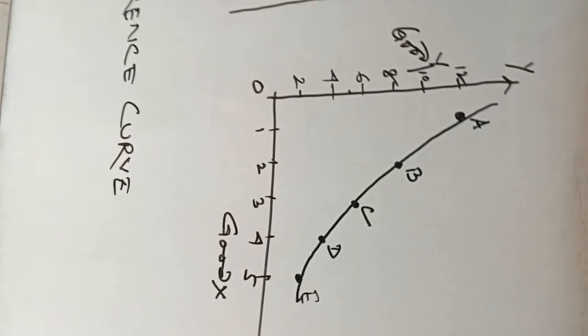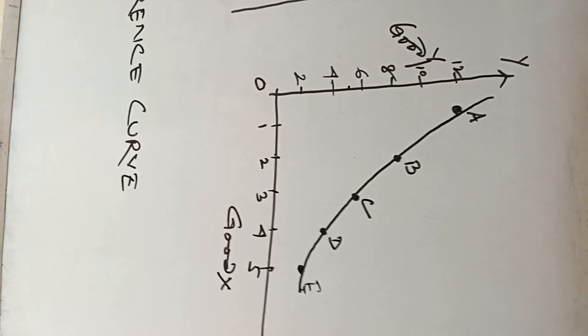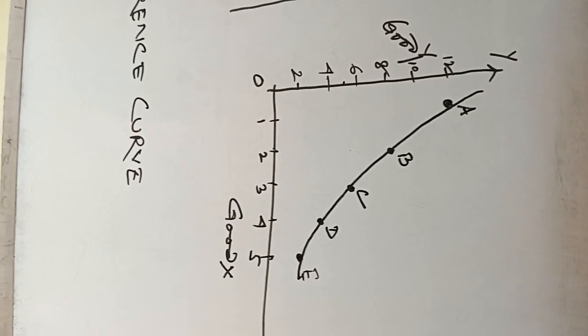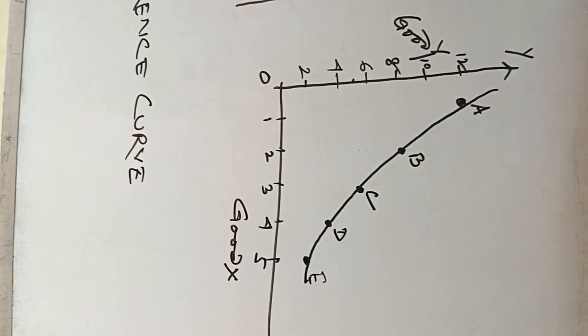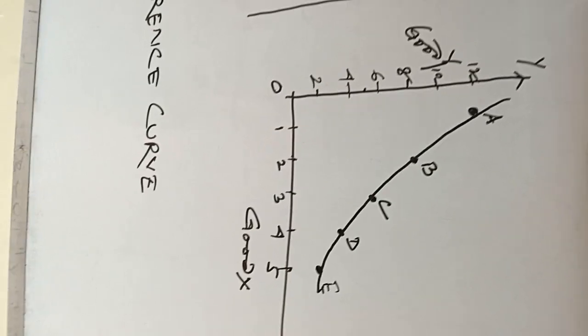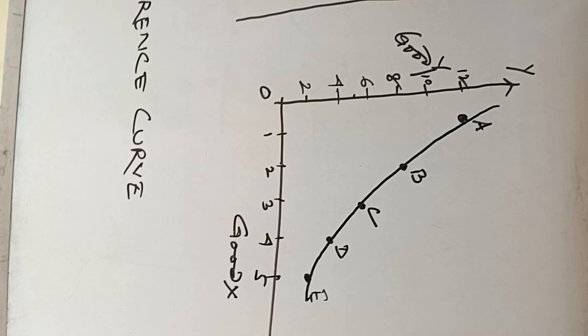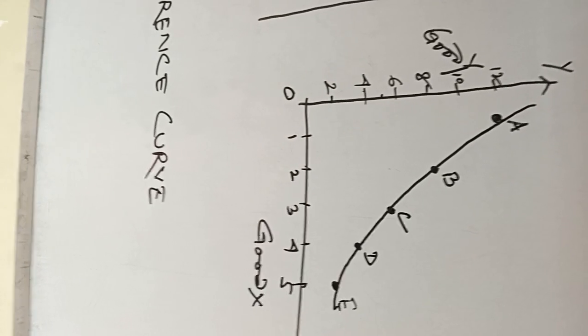Now, the fifth assumption is consistency. Consistency means every consumer is assumed to be quite consistent. He will not deviate from the decision that he has made already.